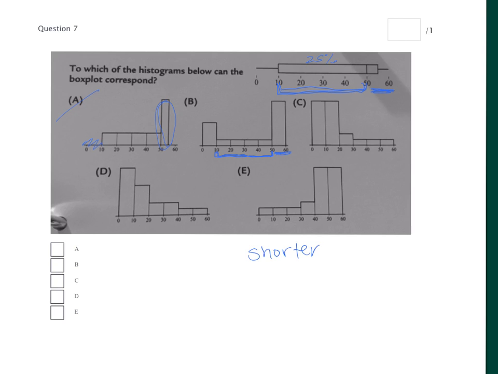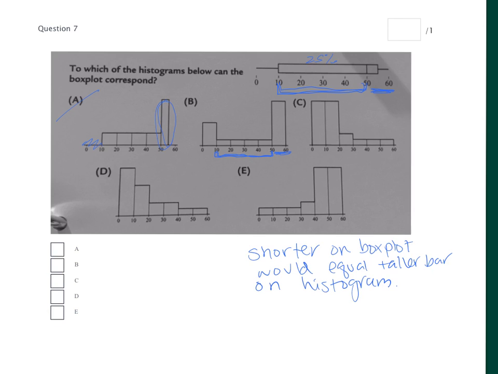So shorter on the box plot would equal a taller bar on the histogram. So you might want to write that down in case you need to remember that.